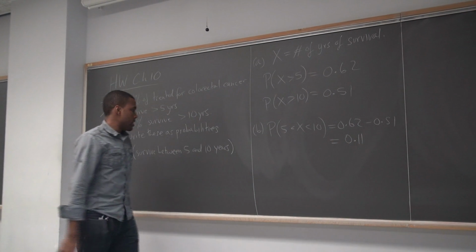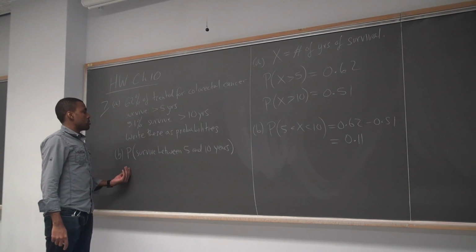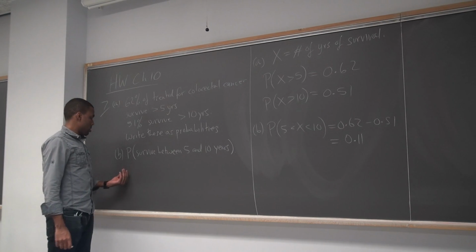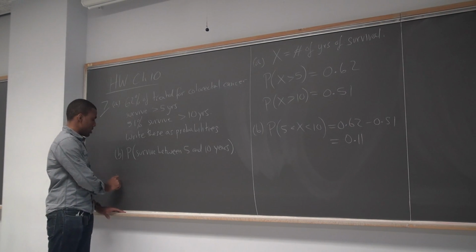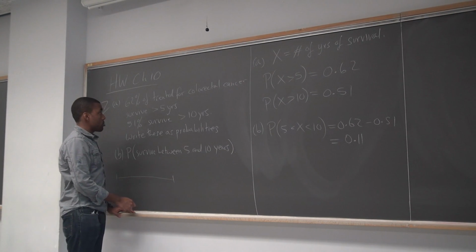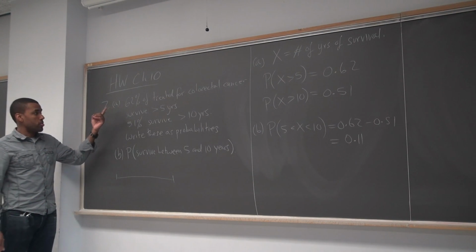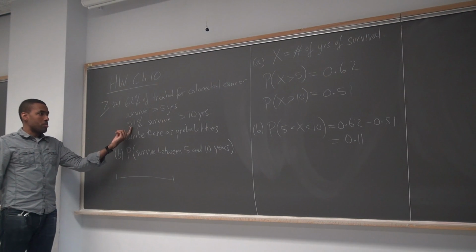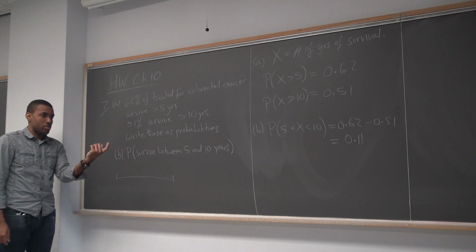All right, so the idea is you can sort of just subtract them. So we know that up to 62% survive up to 5 years, but only 50% up to 10 years. You just find the difference between these years.